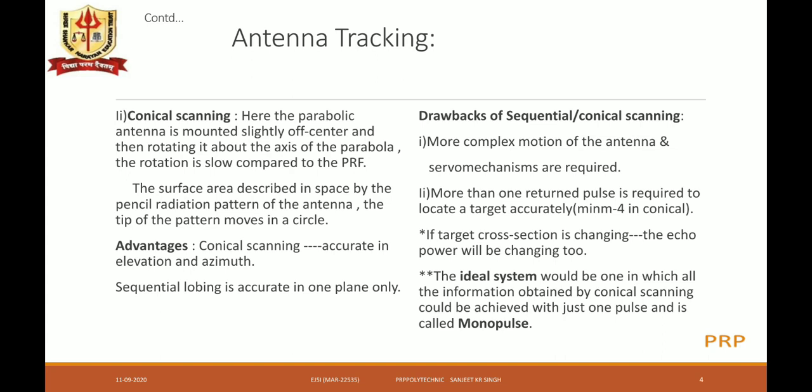So the ideal system would be one in which all the information obtained by conical scanning could be achieved with just one single pulse, and that is called monopulse. Since the term indicates, with a single pulse we are determining a number of pieces of information from the received echoes.